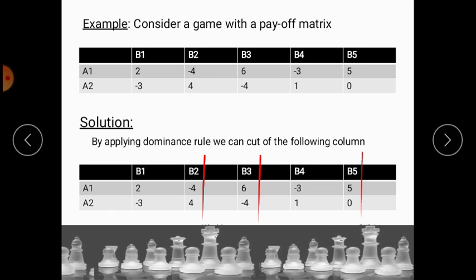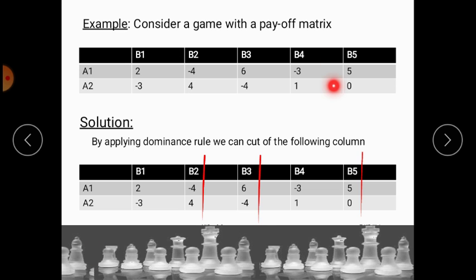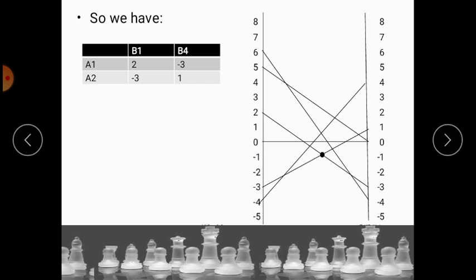Then we have minus 3 and 1 in the B4 column: A1 strategy minus 3, A2 strategy 1. This is the line. And the final column B5: A1 strategy 5 and A2 strategy 0. So this is the line.